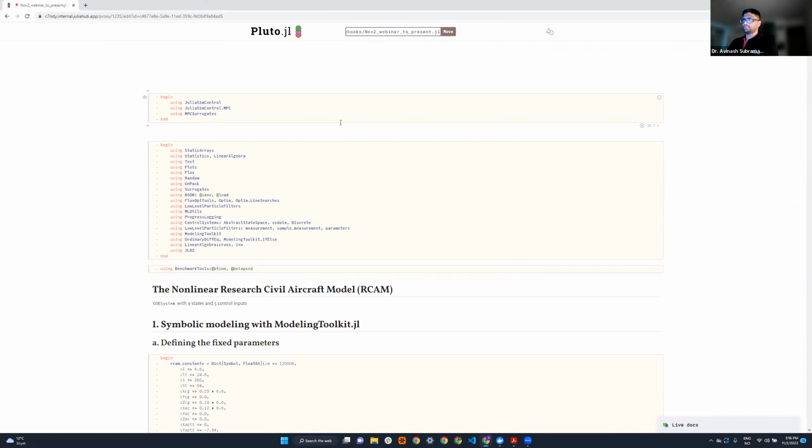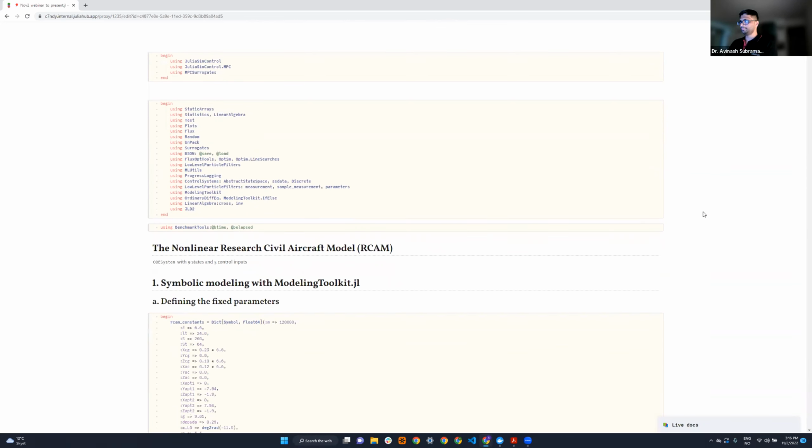Right. So just to mention, Pluto is a Julia native notebook, similar to the Jupyter notebook, but being Julia native, it works well with the rest of the Julia toolkits. So the first procedure would be to import the packages of interest as shown here.